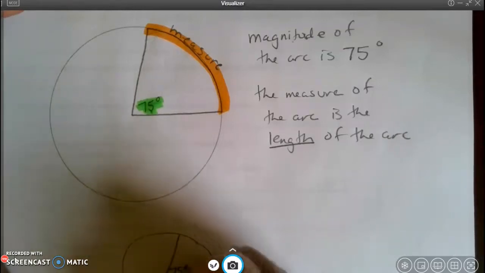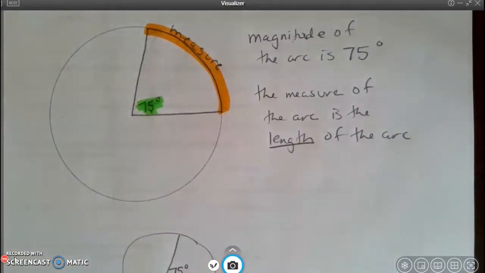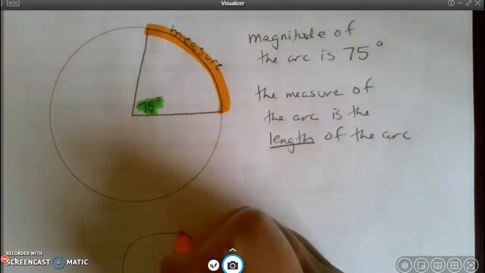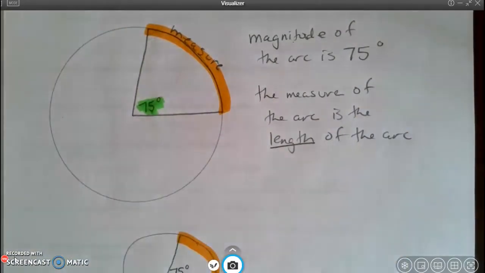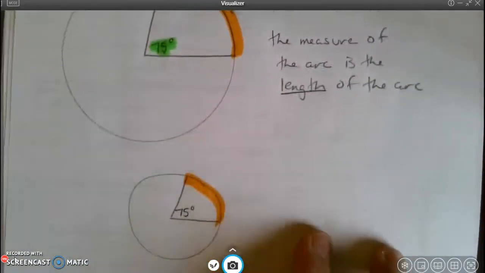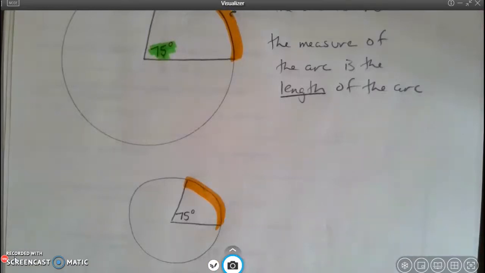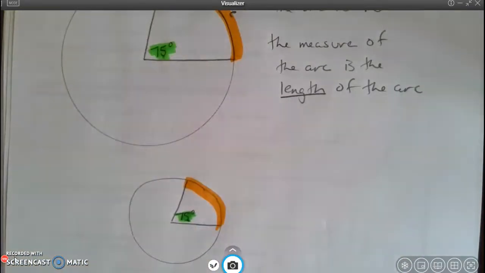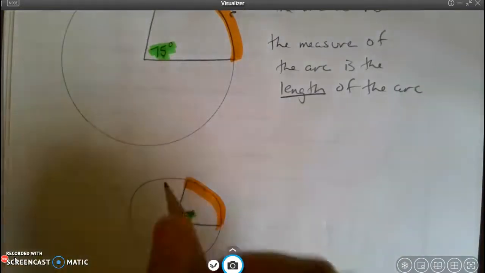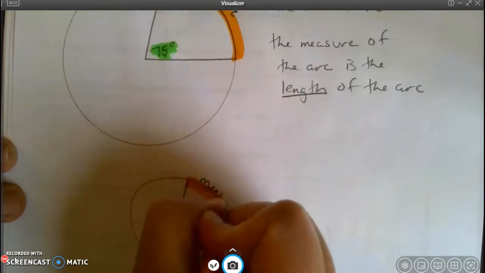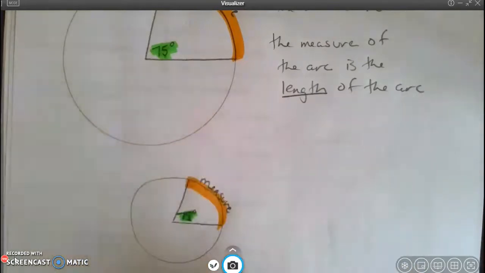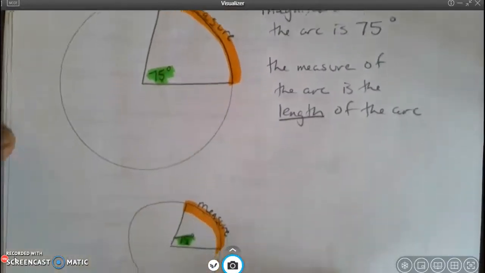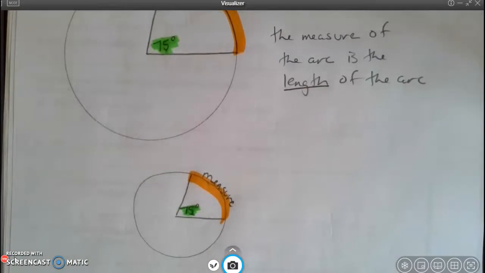This is a 75-degree arc still. That's the magnitude. And now the measure of it is smaller. Even though it's still a 75-degree arc, it has a smaller measure because the circle's smaller. So this is measure. This is magnitude. So the angle is the magnitude, and the actual length is the measure.